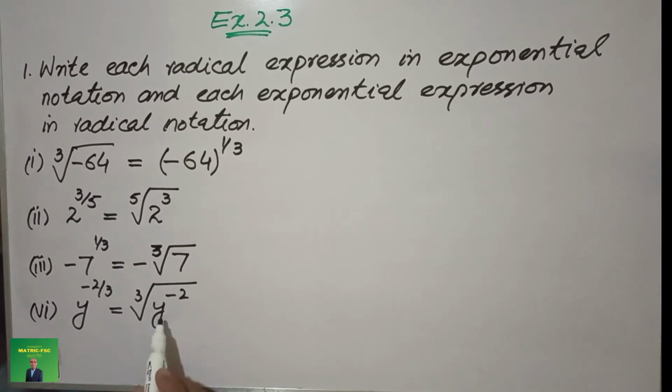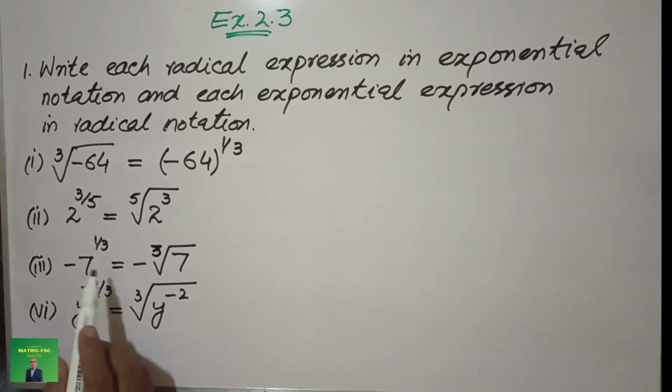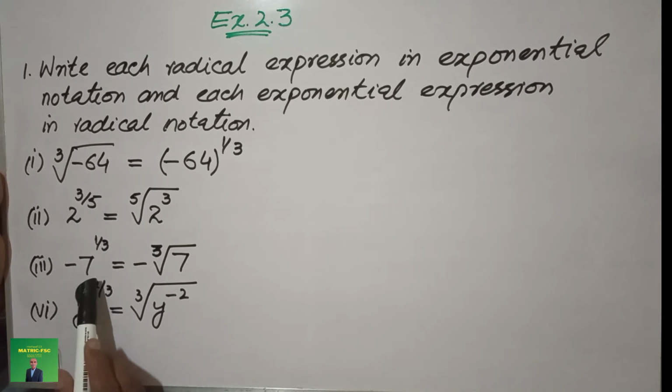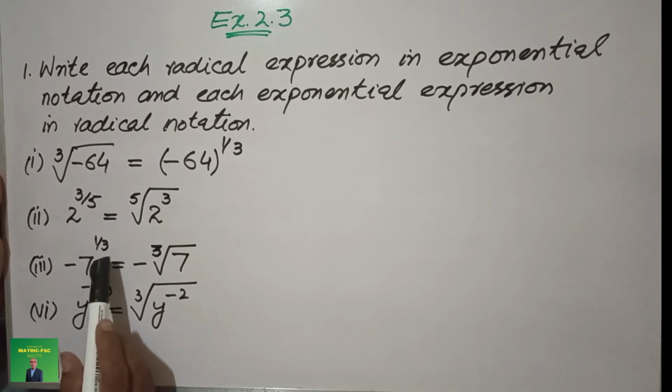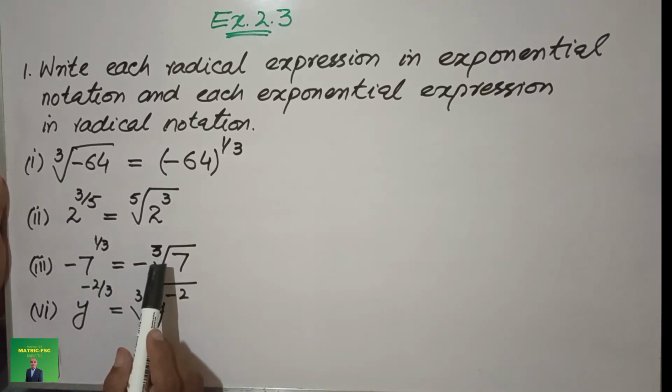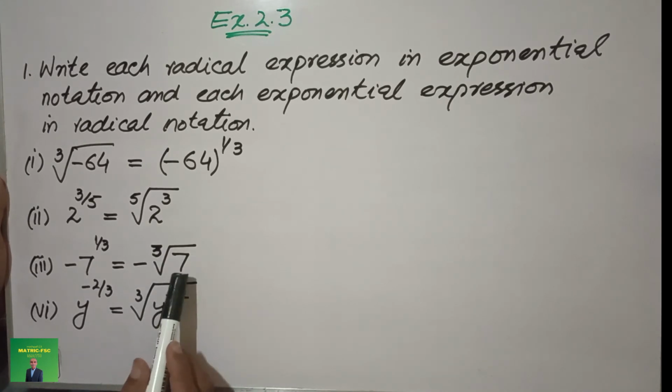This 1 over 3 is the cube root. This is the exponential form, and this is the radical form. Similarly, negative 7 power 1 over 3 is the negative of the cube root of 7. Here 1 over 3 shows the cube root of 7.